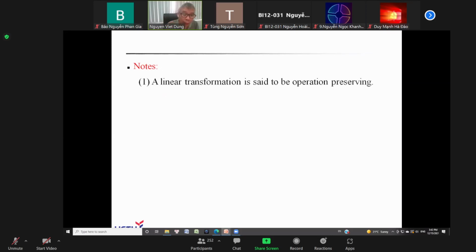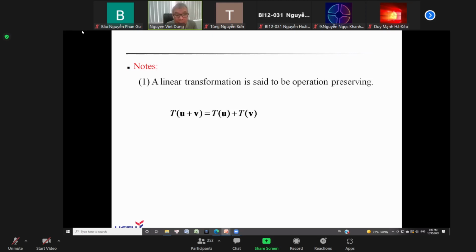For a vector space, you have two operations: vector addition and scalar multiplication. So we are going to see it here. The first is vector addition. You see that T of u plus v equals T u plus T v. On the left-hand side, that is addition in V, but on the right-hand side, that is addition in W.